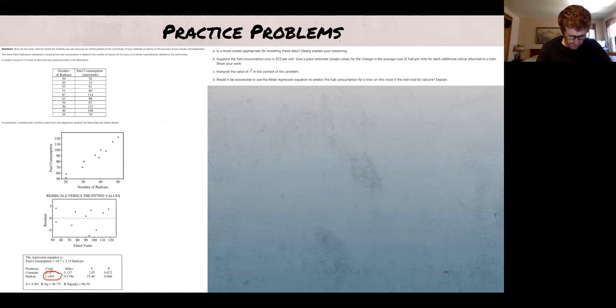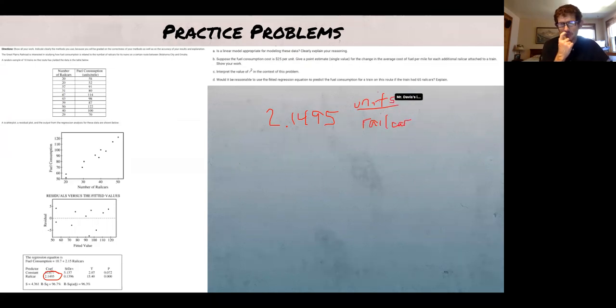I'll go ahead and write the full thing out, 2.1495. All right, so if every additional fuel car, this is saying unit of energy per rail car. So that's how we want to interpret that. And because of that, $25 per unit, now I can multiply, it's dimensional analysis here. So it's going to be $25 per unit.